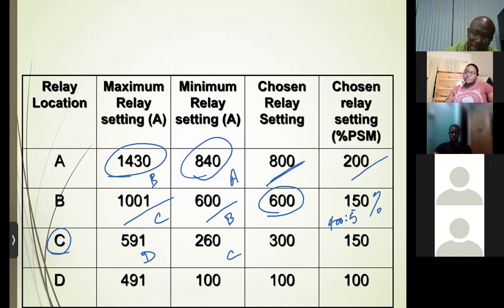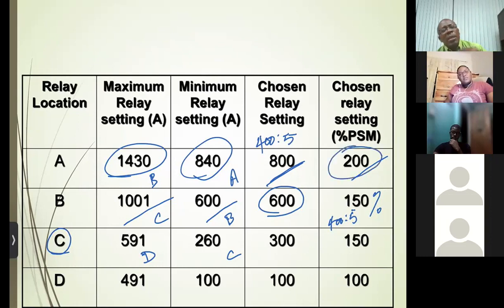We have the setting here is 400 to 5. Agreed? The multiplier, remember I said that in terms of the plug setting multiplier that I have here, you can either look on the primary or the secondary side. All these currents that we're looking at here are on the primary. Good?